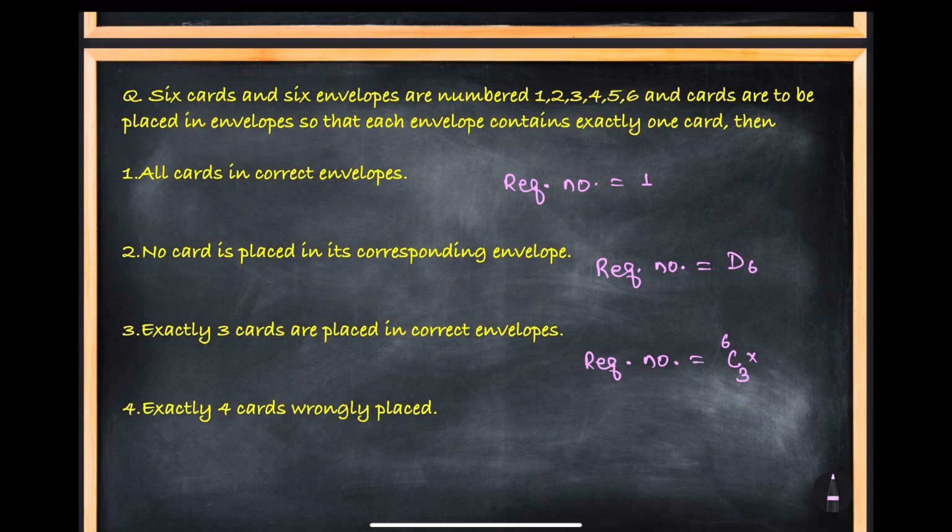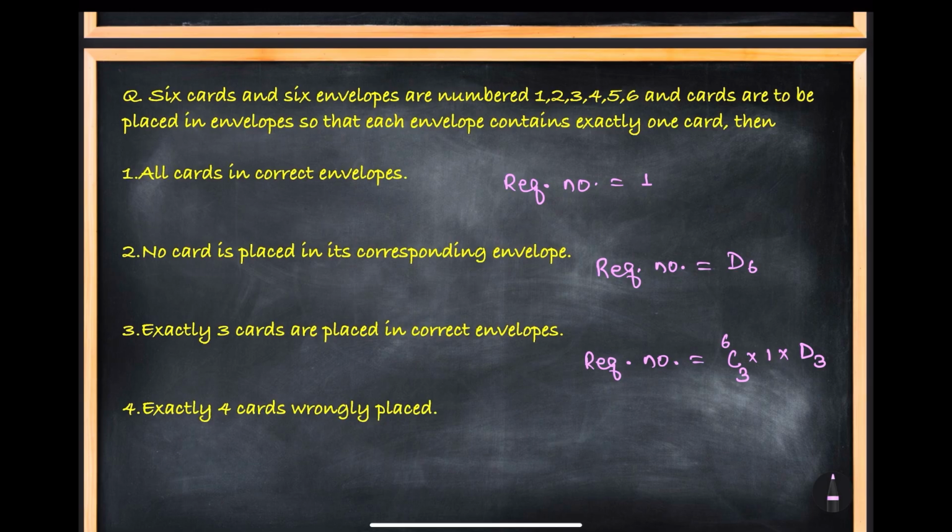Now these 3 cards have to be placed correctly, and we can do this task in only one way, that is 1. Our task is not completed because we have to handle 3 more cards, and those 3 cards have to be placed incorrectly. So we have to derange 3 cards. So can I write D3? Okay, I hope this is clear.